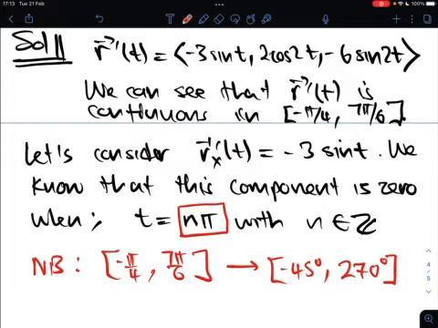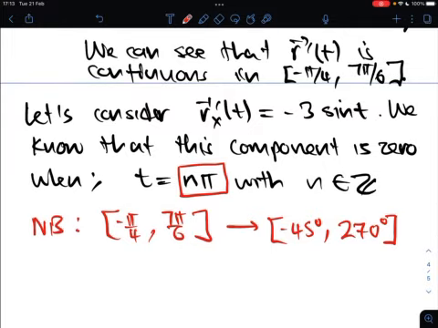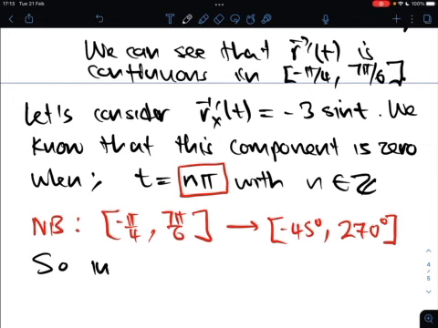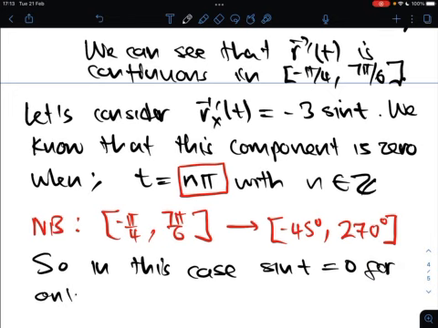So in this case, sine t is equal to 0 for only t equals 0 and t equals pi.